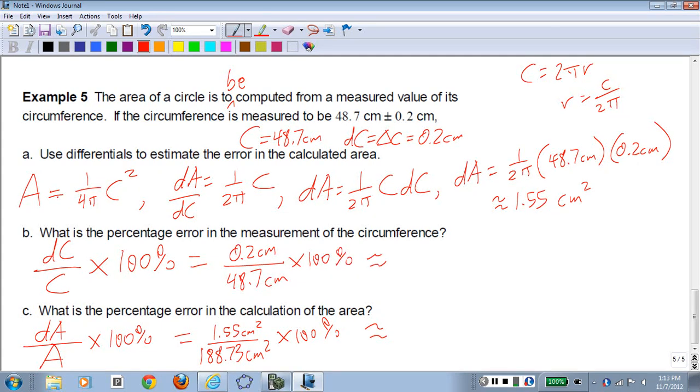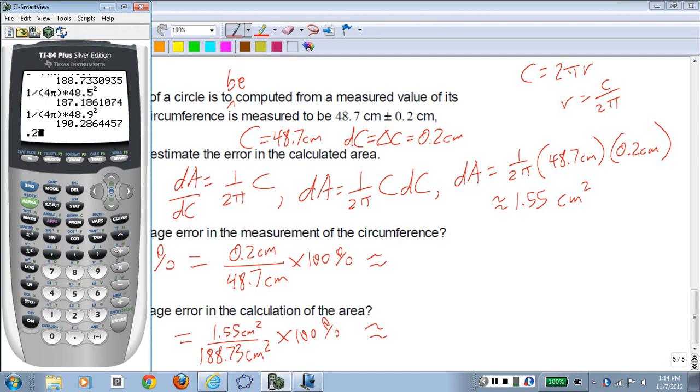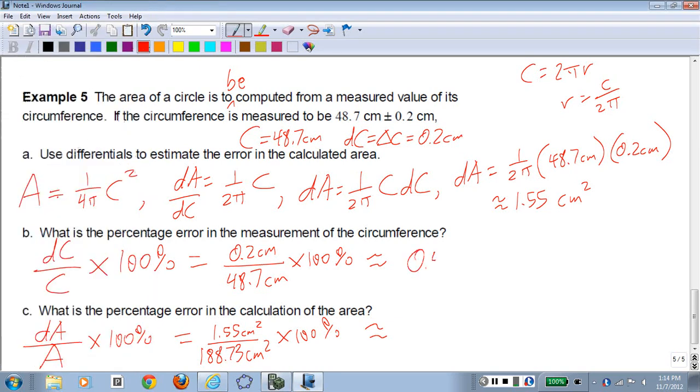Let's see what that one is. 0.2 divided by 48.7. So this is going to be 0.4%, or 0.41%. Seems like it's pretty good. It depends on, I guess, what it's going to be used for. But less than 0.5% error there.